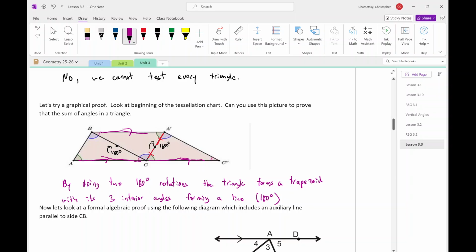All right, so that is our graphical proof.